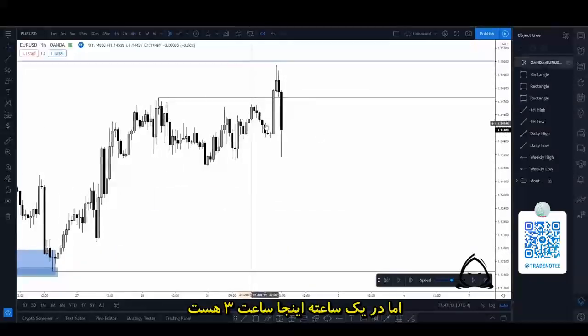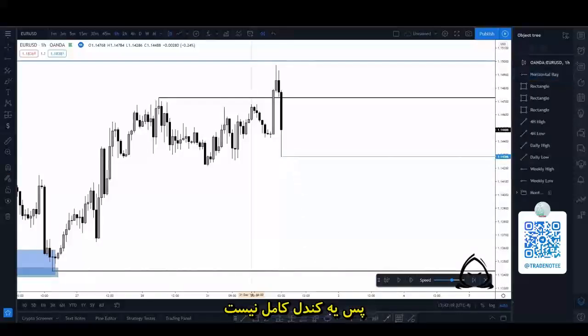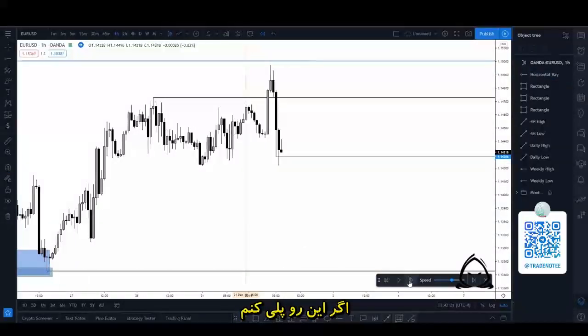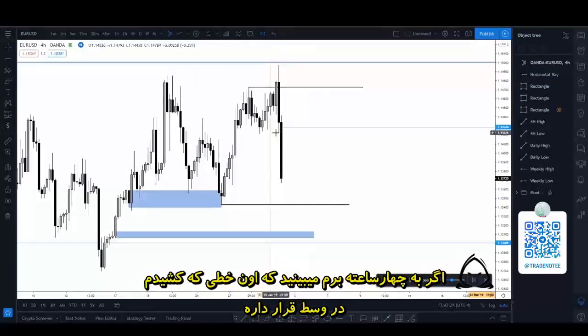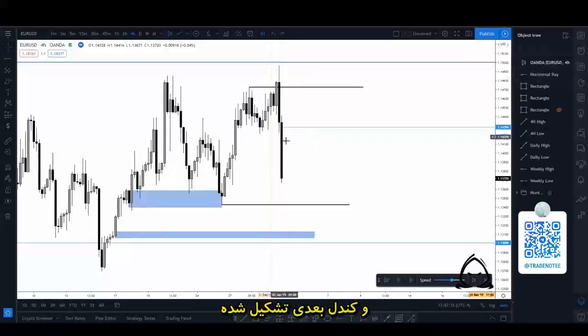If I look here, we can see that this is 3, so it's more than likely not the full candle. So if I pop this out to 5 a.m., which would be the next 4 hour candle, and drop back into the 4 hour chart, we can see that the line I drew was actually in the middle right there, and you can see the next candle is already printed.